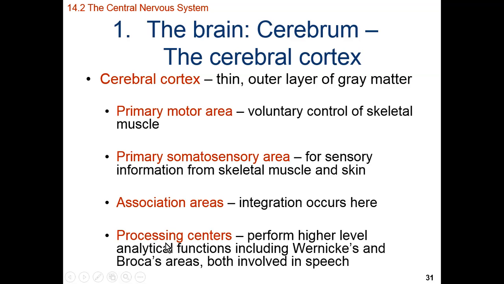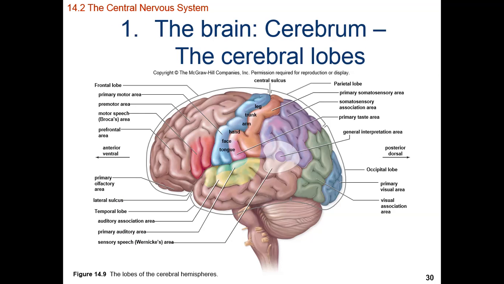And then processing centers are going to be distributed throughout the brain. These processing centers, generally speaking, are going to be associated with a specific function. For example, we have Broca's area right here, and then Wernicke's area, generally speaking, is going to be over here.